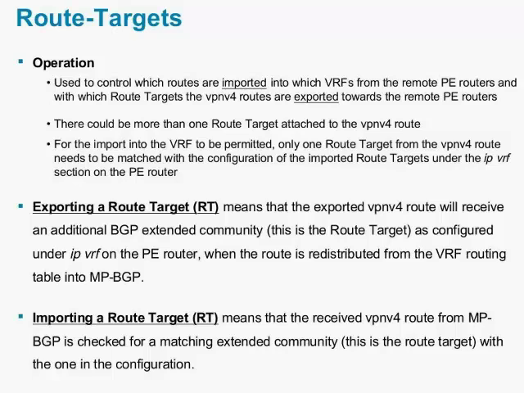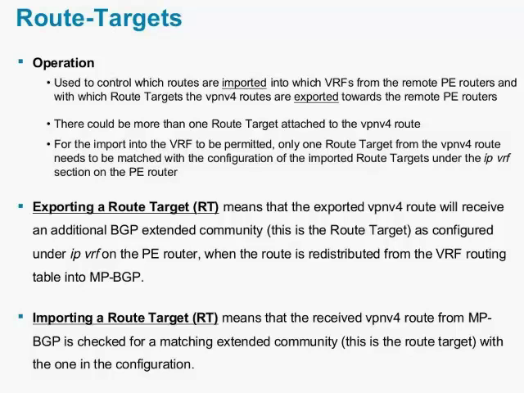Route target is a BGP extended community that any remote PE device, on receiving the BGP update, can use to identify if there is any VRF interested in installing the prefix. How does it operate? Any PE device, while generating the BGP update for the VPN prefix learned from the customer side, will attach one or more route target values to the BGP update and propagate it to remote PE devices.